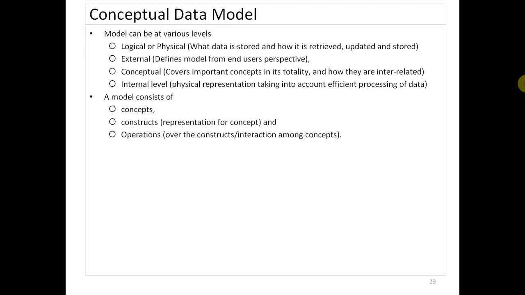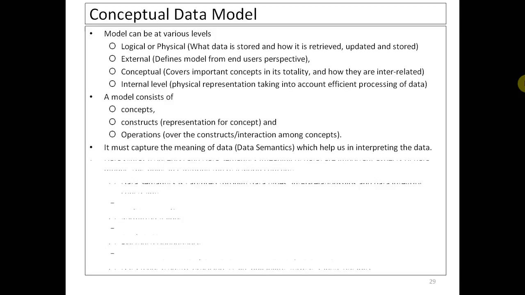So a model consists of concepts, constructs, and operations. Constructs are representations of concepts. Operations are the processing or the interaction among the concepts, or the processing which can be carried out over the constructs. What a model must capture is the meaning of data, that is the data semantics, which helps us in interpreting the data in its true intention.